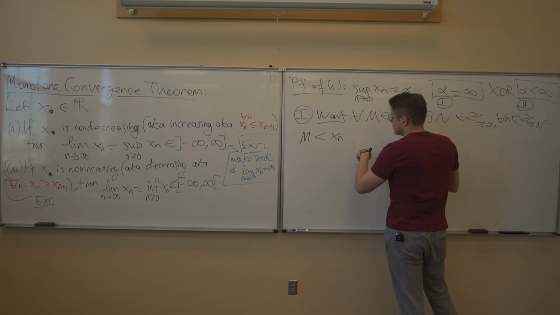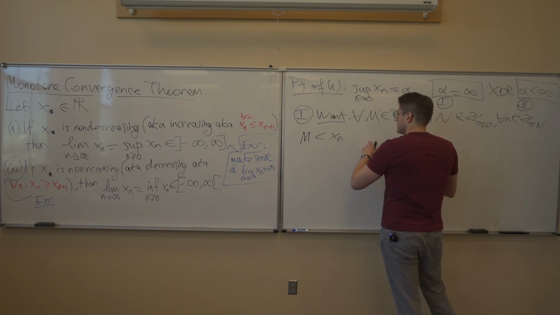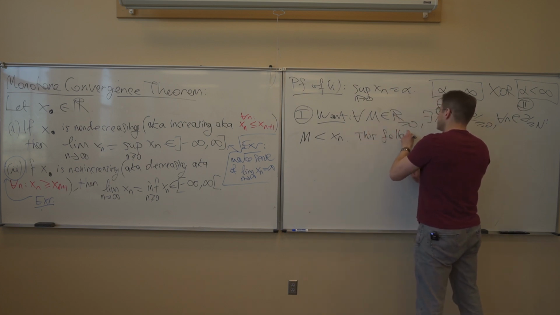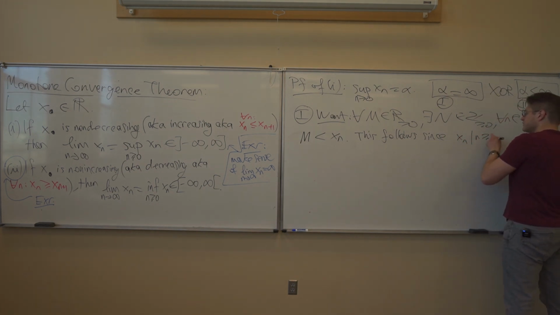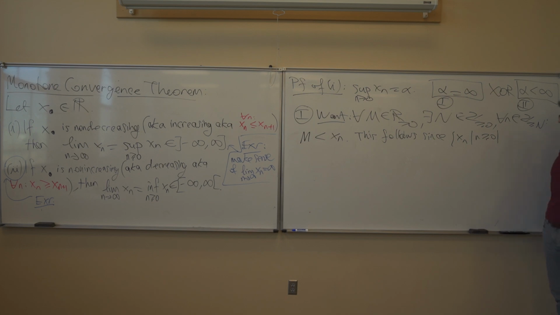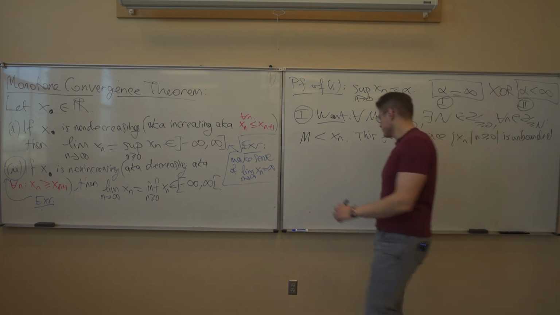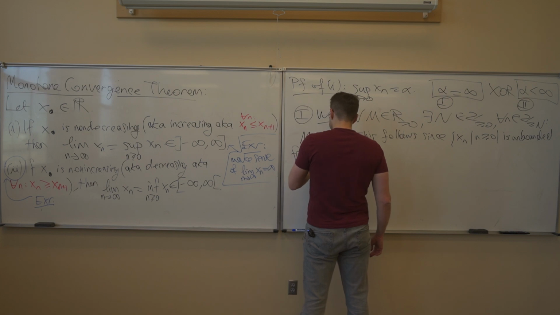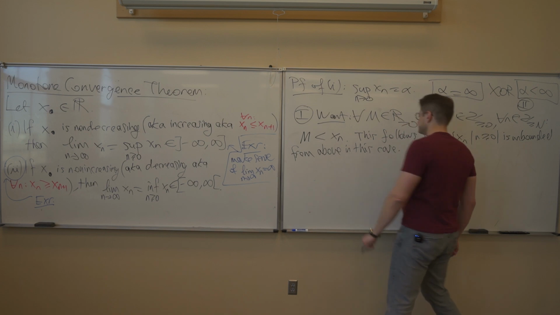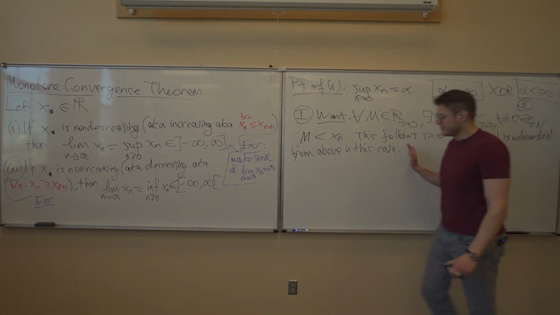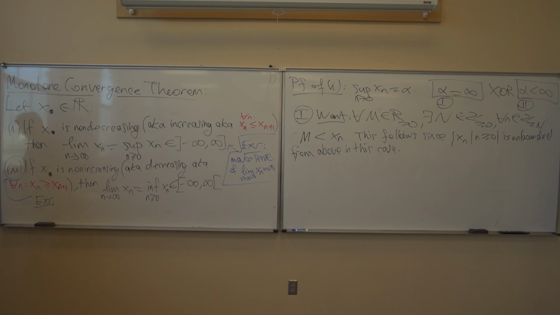So this is as follows. Since x sub n, as n varies over the non-negative integers, is unbounded from above in this case. If you want, you can be more formal about it, but I don't think that is very important.